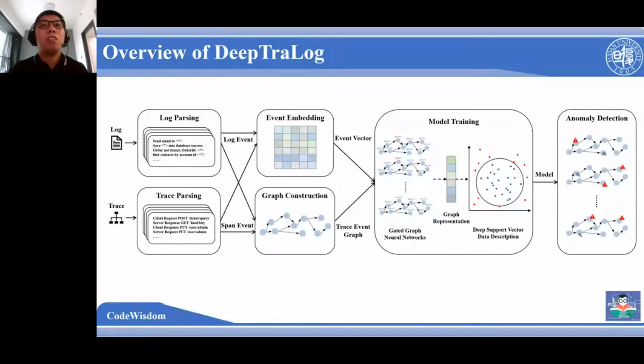And finally, we train a gated graph neural network-based deep SVDD model, which learns a latent representation for each graph and minimizes the hypersphere that includes the representations of the graphs in the training set. So in the online anomaly detection, the traces outside the hypersphere can be determined as anomalous.